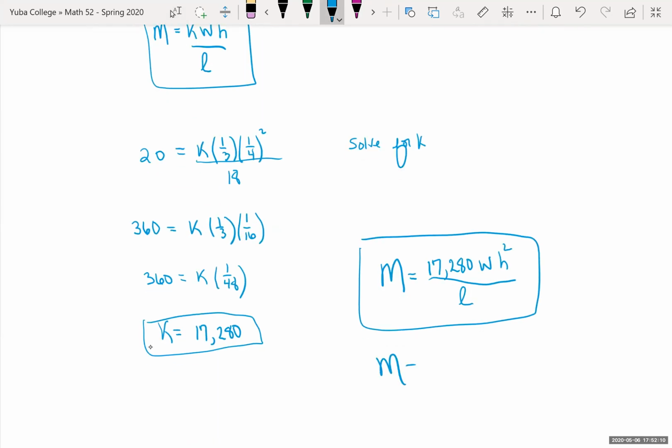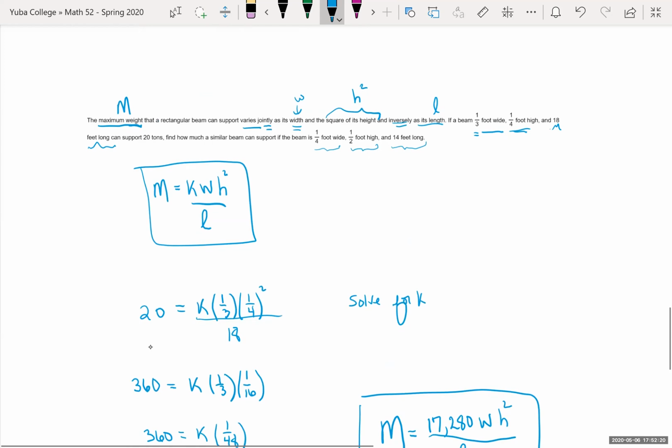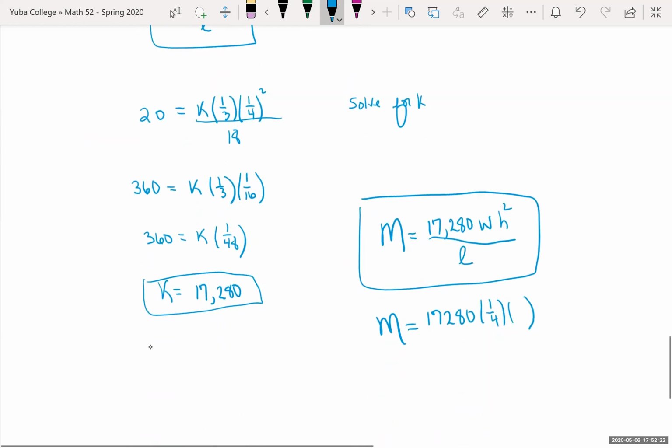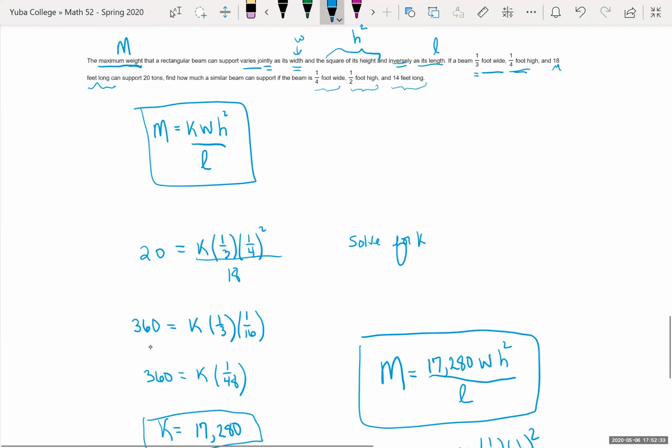So M equals 17,280 times the width 1/4, times the height, which was 1/2. We have to square our height, all over our length, and our length was 14.